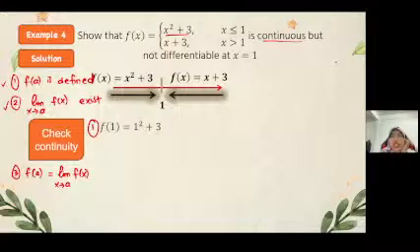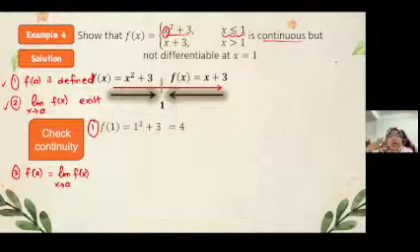The equal sign is for x less than or equal to 1. So you substitute x equal to 1 into this function. We get 1 squared plus 3, which is exactly equal to 4. So we define that the value for f(1) is equal to 4.